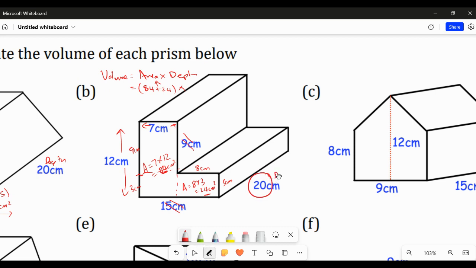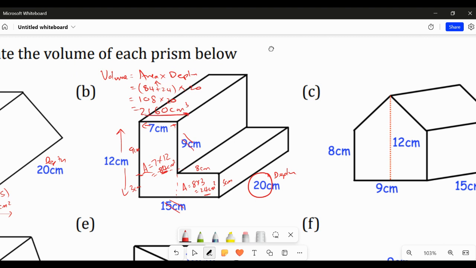So that's going to be my depth. So I multiply it by 20. That comes to 108 times 20. 108 times 10 is 1080 times 2, 2160 centimeters cubed.